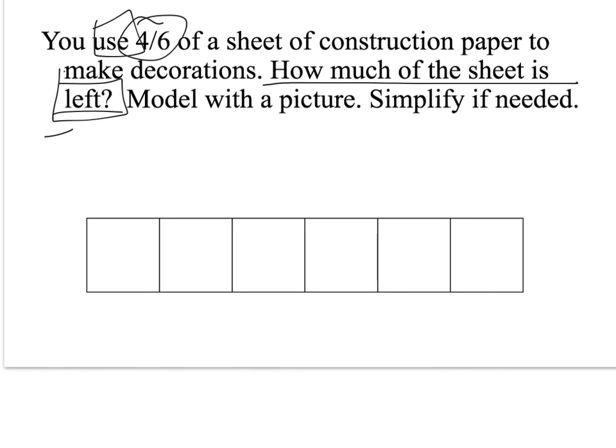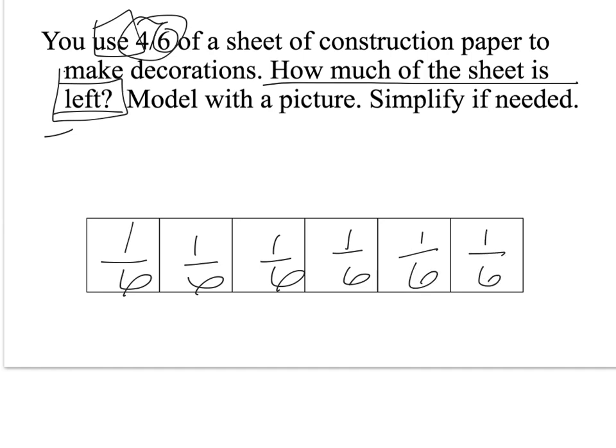So my picture shows a rectangle that's broken up into 6 because I'm dealing with the denominator of 6. So each piece is 1/6. I'm starting with a whole sheet of paper, which one whole is the same as writing 6/6.